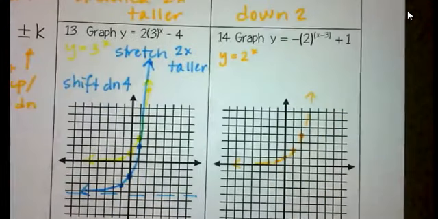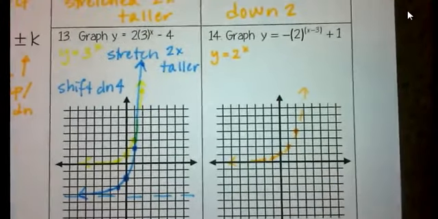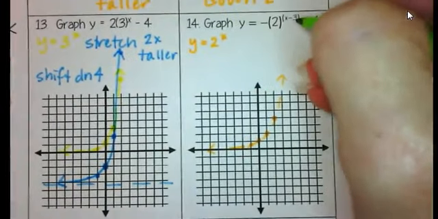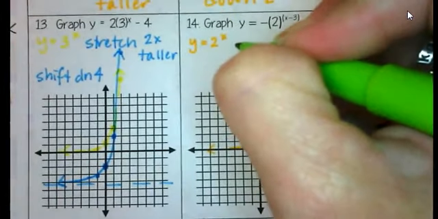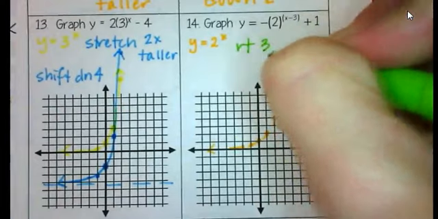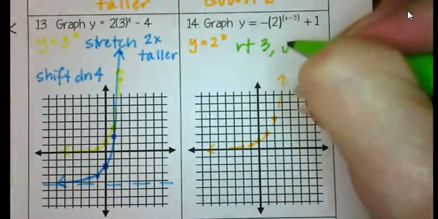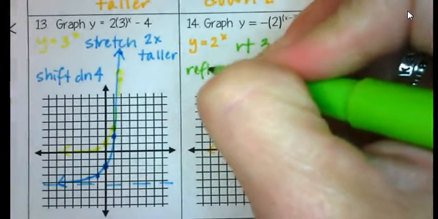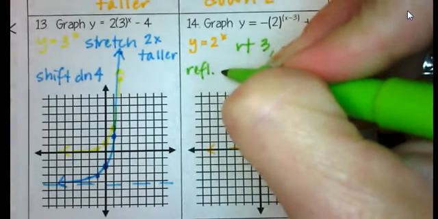Now I'm going to do the actual function, and this function, oops, hold on, I'm stuck. This function has been shifted right 3, so we're going to go right 3. We're going to go up 1, and it was also reflected over the x-axis.